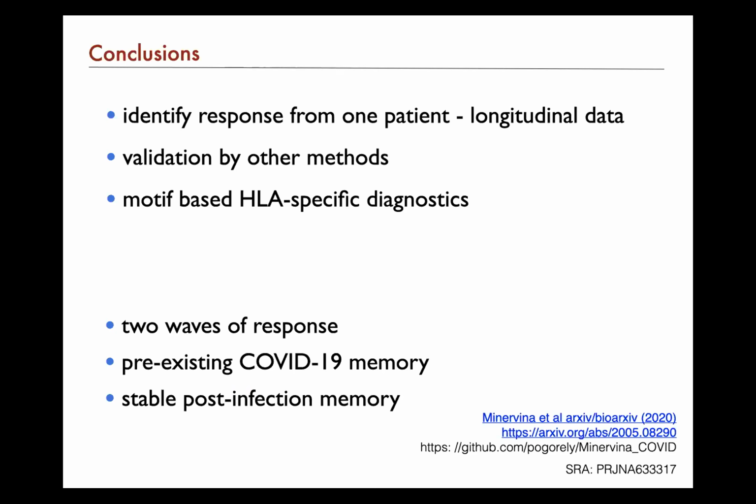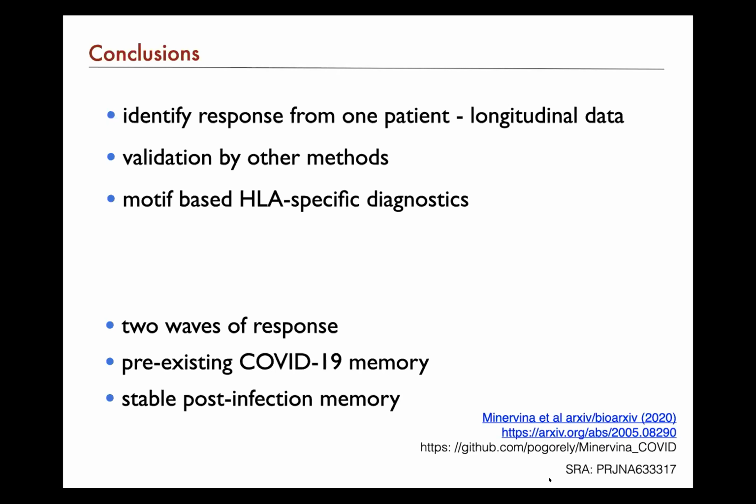Biologically, we see two waves of a response, the fast expected one and then a second one, which is a little bit more mysterious. We see pre-existing COVID-19 memory, so this means that there is cross-reactivity and that there is some sort of existing at least partial immunity, and then we see stable post-infection memory.